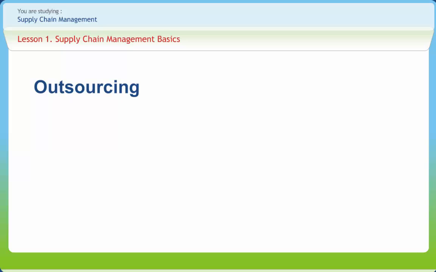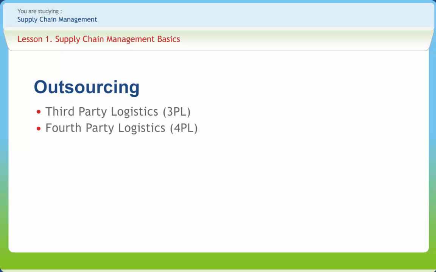World over, corporate houses have started outsourcing their supply chain functions to a third party or even a fourth party service provider. A third party logistics provider, abbreviated 3PL or sometimes TPL, is a firm that provides a one-stop shop service to its customer of outsourced or third party logistics services for part or all of their supply chain management functions.